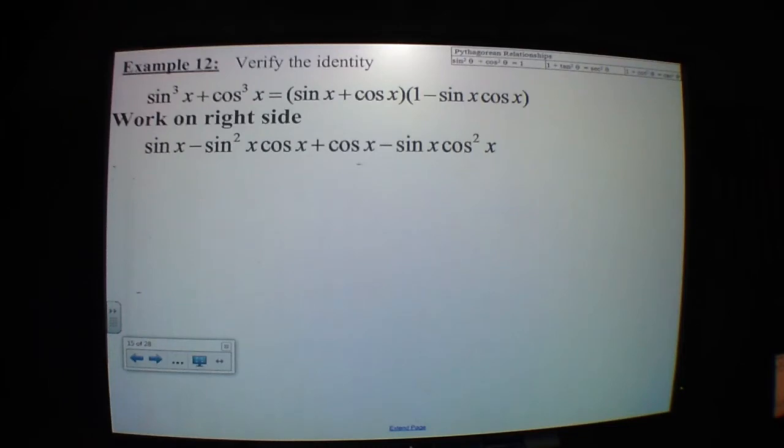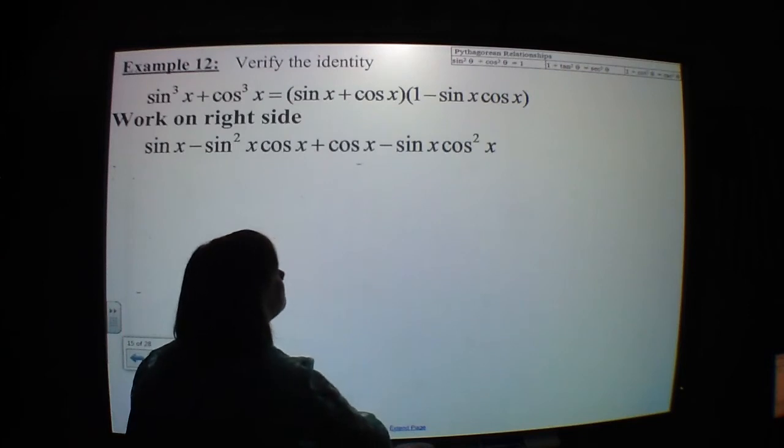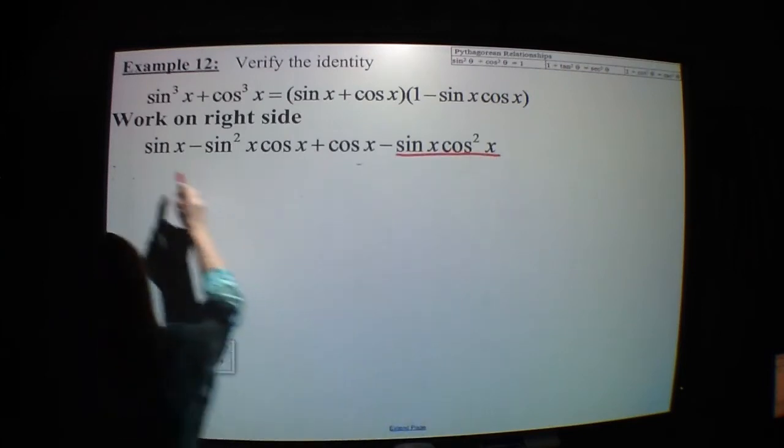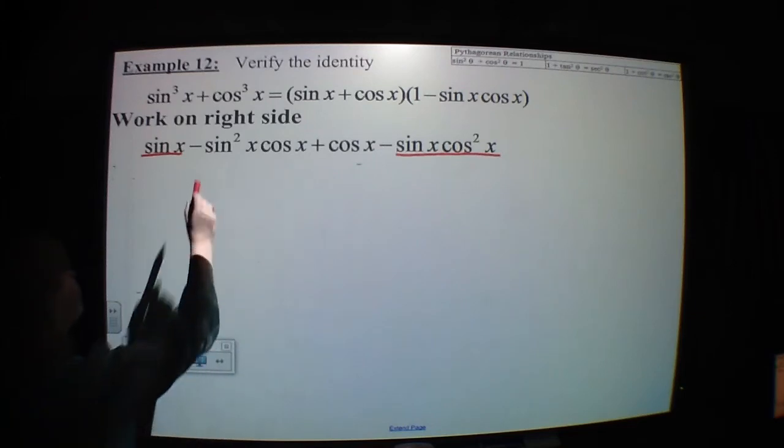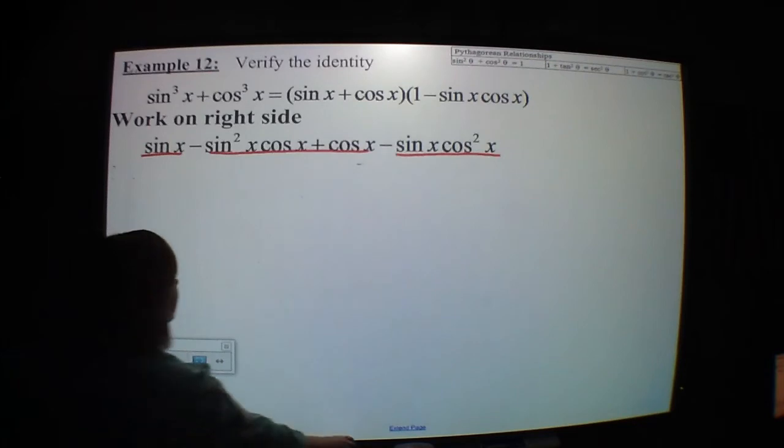You can group some things together. I think I will probably group things together. Let me see, sine squared, sine, cosine. If I take that, and I take this, let me see if that will work if I group it together.